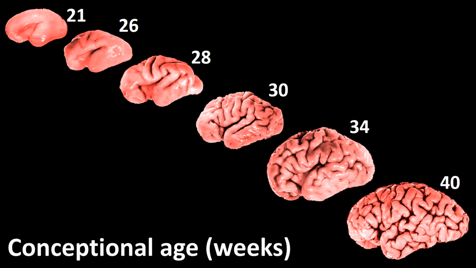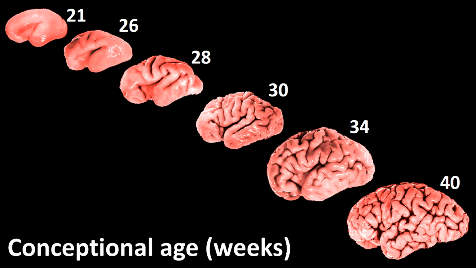During fetal life, the brain goes from a rather smooth organ at 21 weeks conceptual age to a quite rugged organ by 40 weeks. This transformation yields age-specific EEG findings.